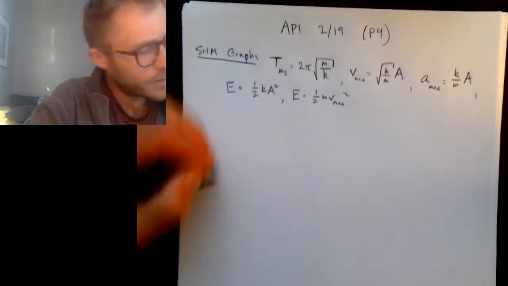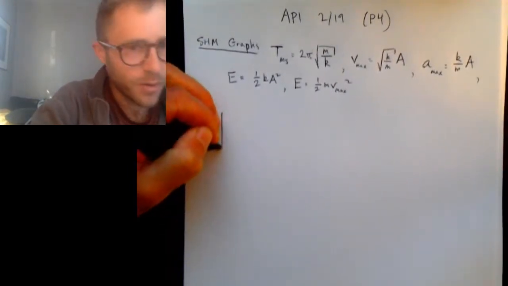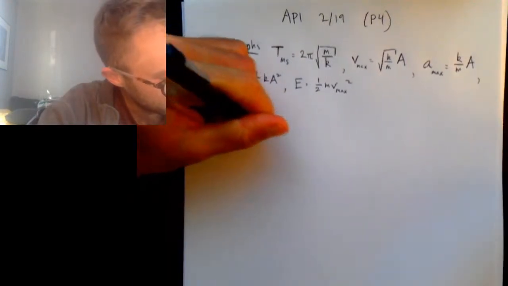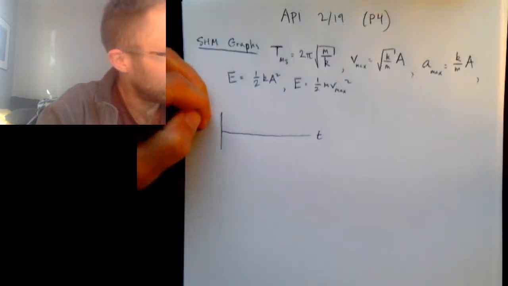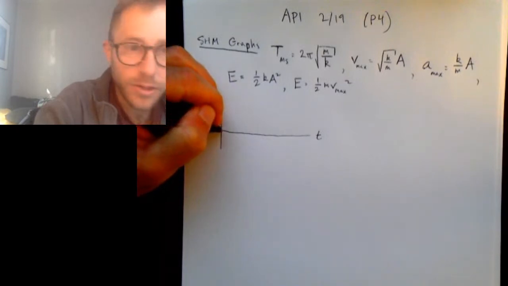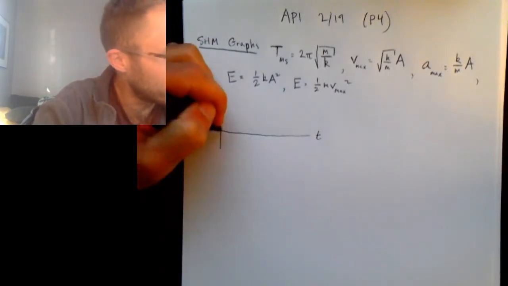So let's start off with a position time graph of simple harmonic motion. We have position and time, and I'm going to draw just one complete period of simple harmonic motion.